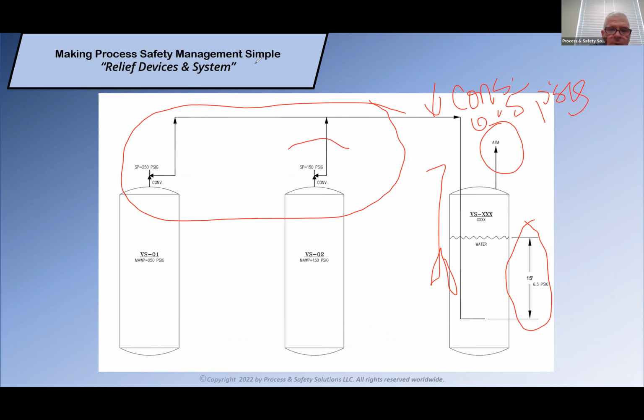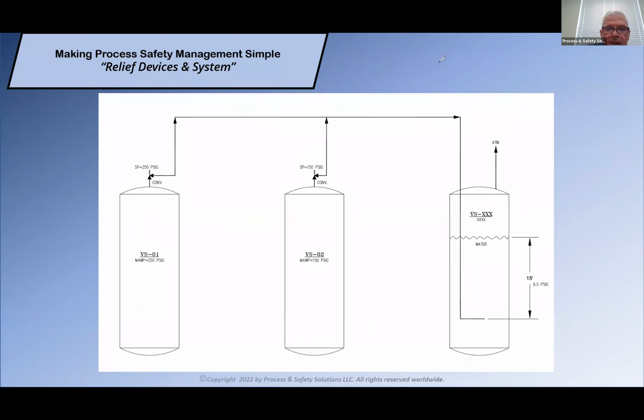So this 6.5 affects those relief devices. Rather than these relief valves lifting at 150 or 250, they're going to be 150 plus 6.5, unless that spring is adjusted.